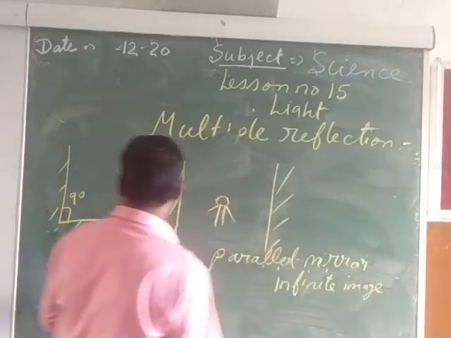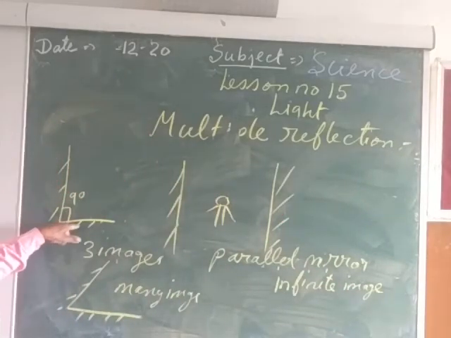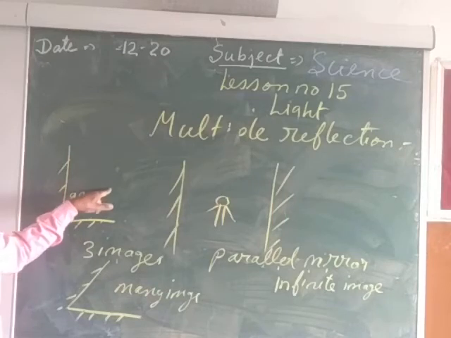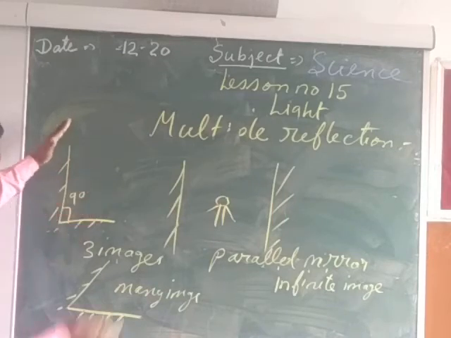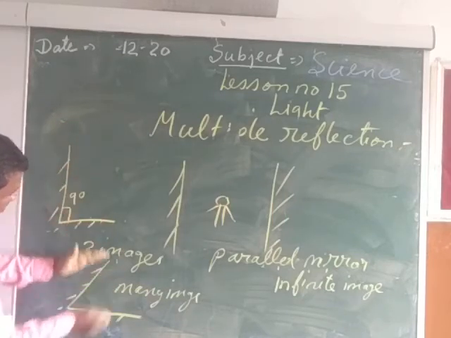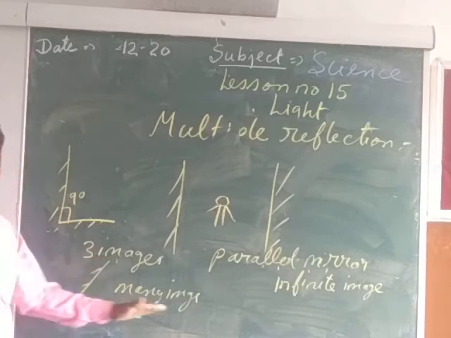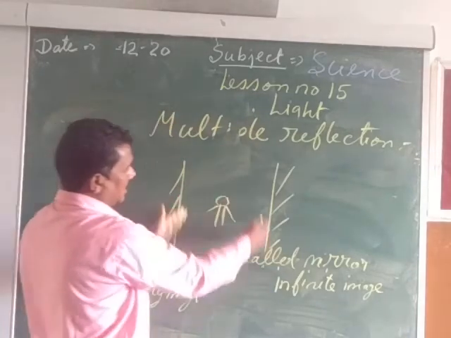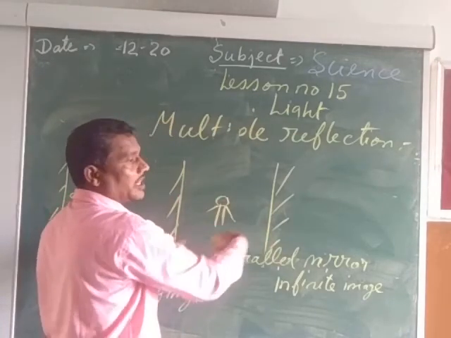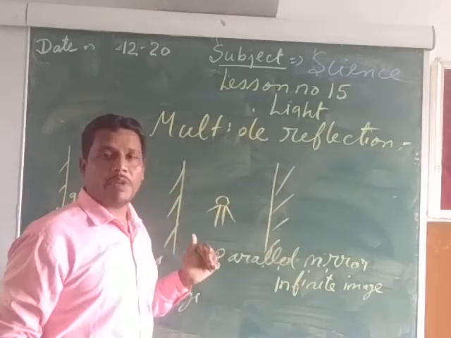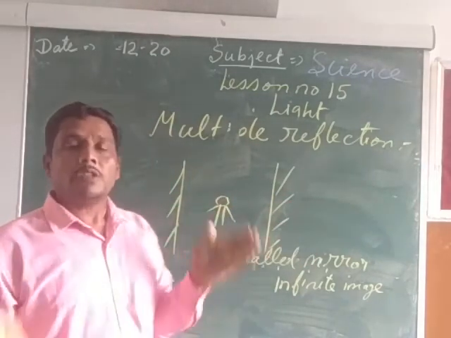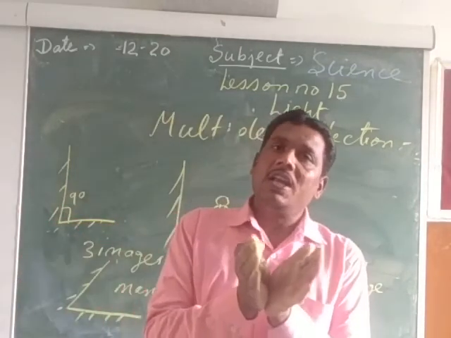So, when two plane mirrors are kept at an angle of 90 degree, we get just 3 images. When we reduce this angle, my child, we get many images. And when two plane mirrors are kept parallel to one another, we get infinite images in both the plane mirrors.